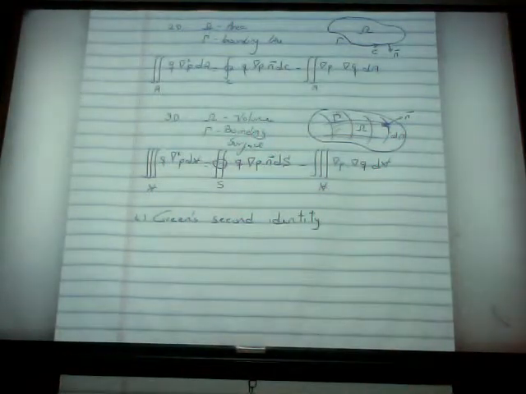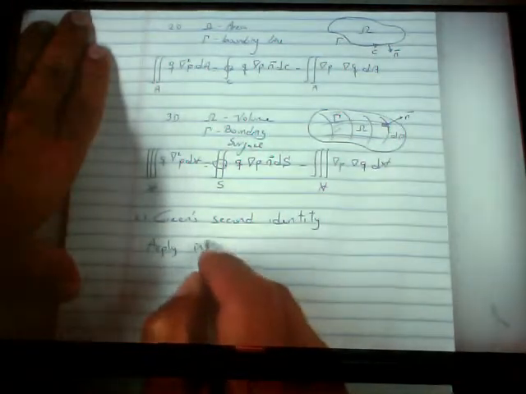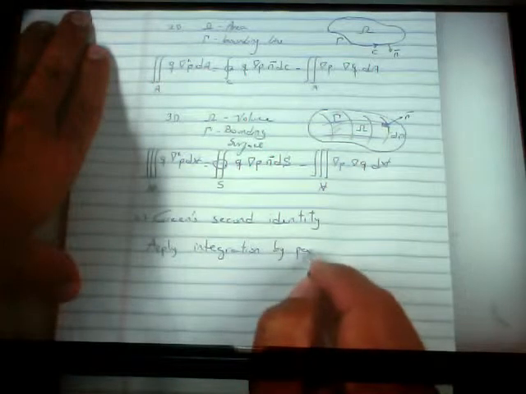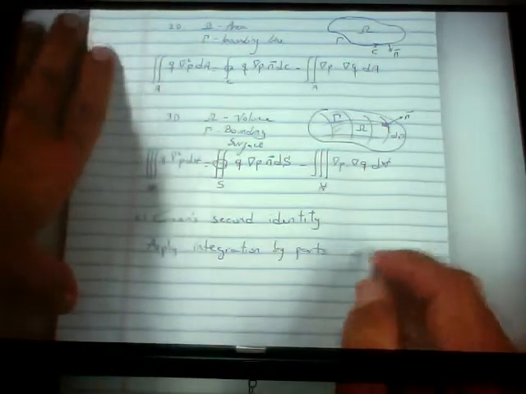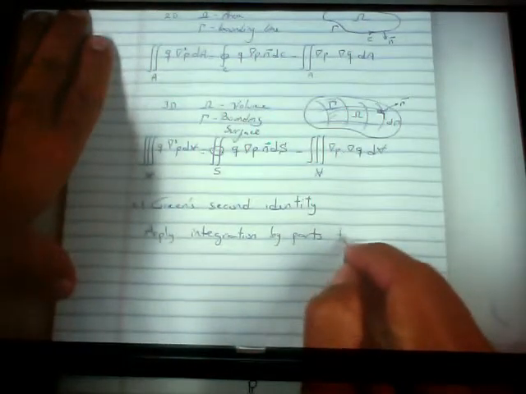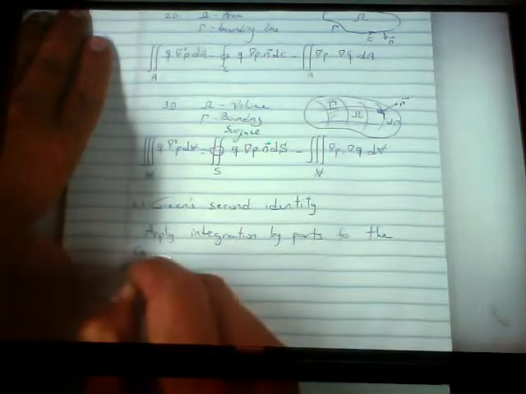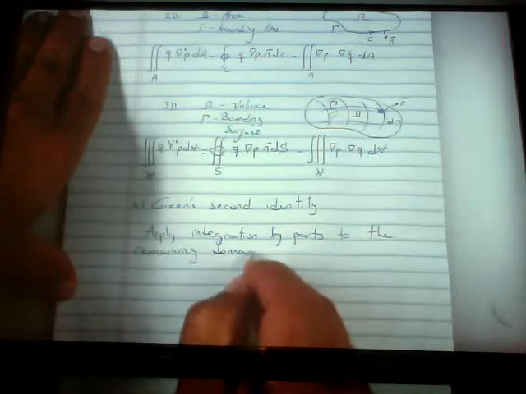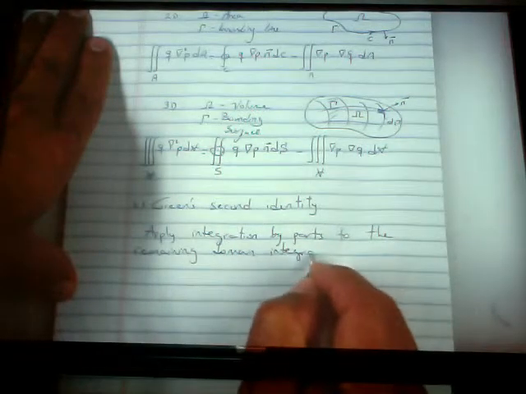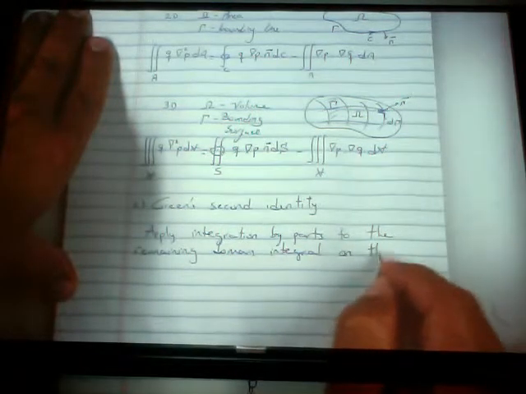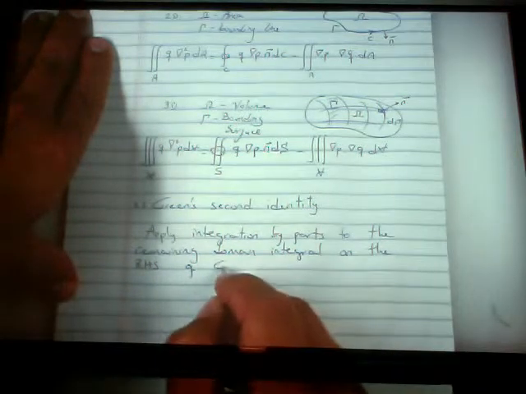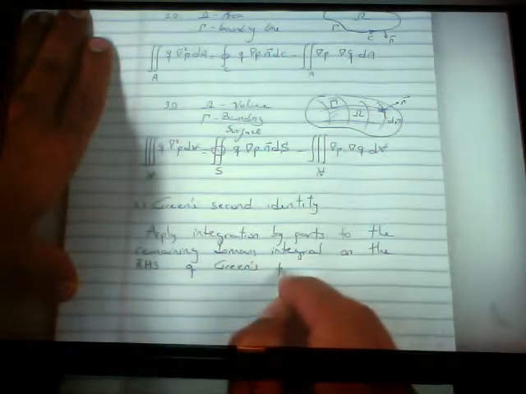So basically, apply integration by parts to the remaining integral on the right hand side of Green's first identity.